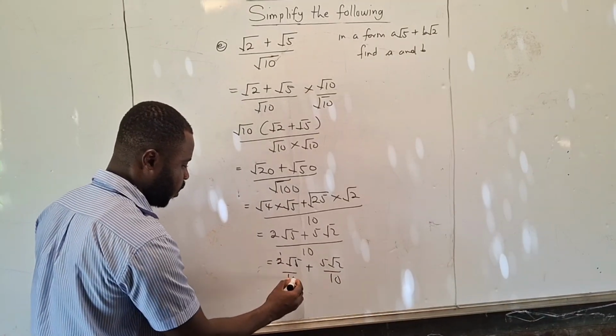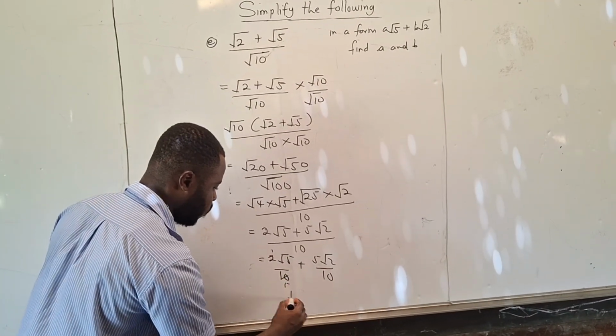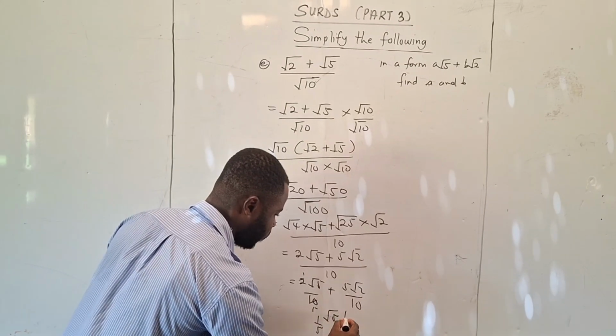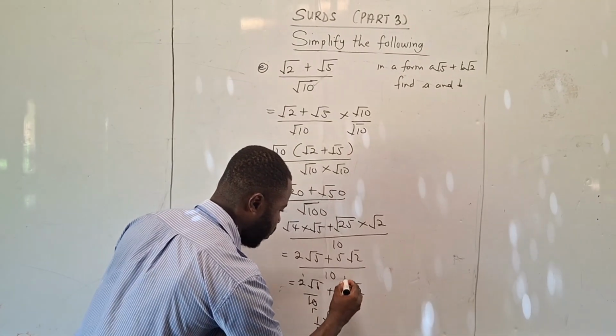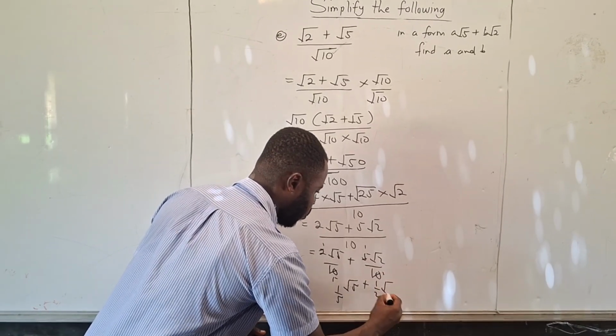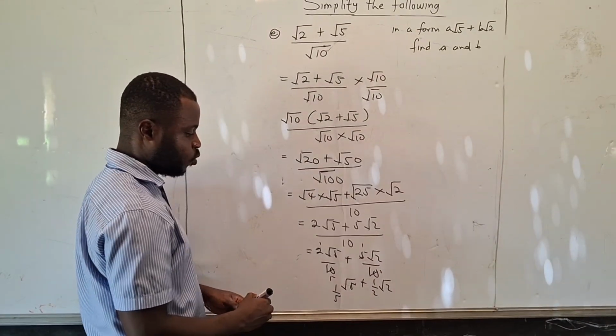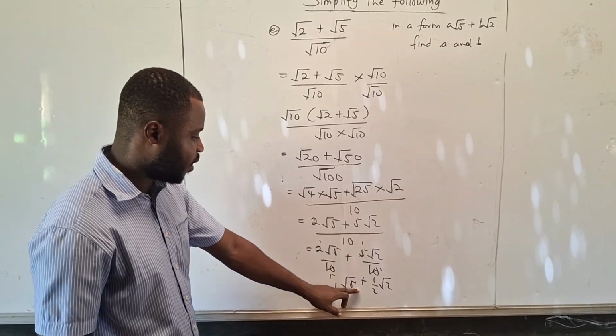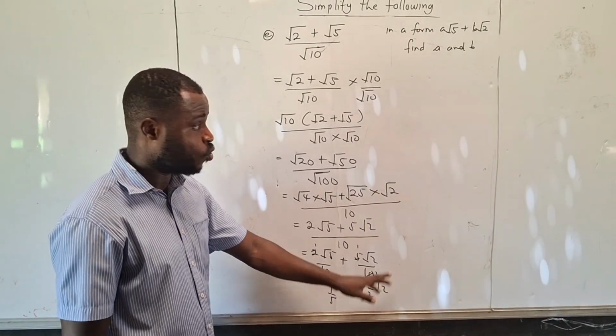So 2 will go here 1, 2 will go here 5. So we have 1 over 5 root 5 plus, 5 will go here 1, 5 will go here 2, so we have 1 over 2 root 2. With this, you can see that we've gotten something with a number root 5 plus another number root 2. So we are on track.